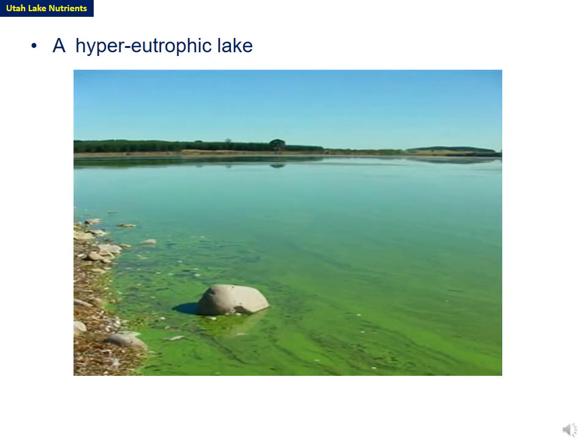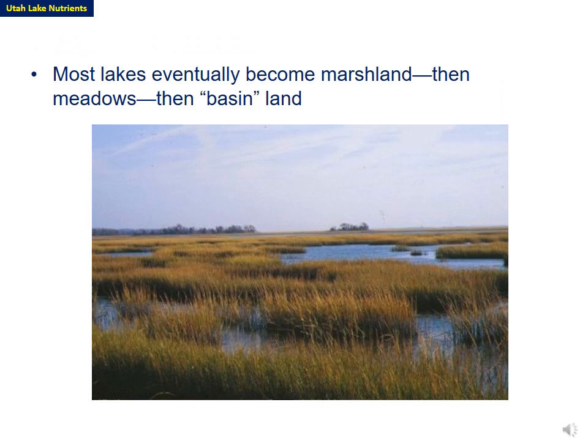And then here we have an example of a hypereutrophic lake, which has essentially gone overboard in terms of the productivity, and the entire lake is essentially anoxic. And through this natural progression, most of the lakes will sediment up over time and will turn into marshes or wetlands.